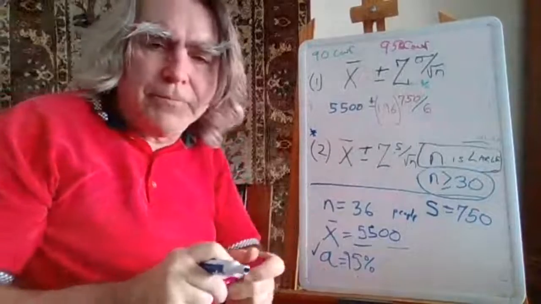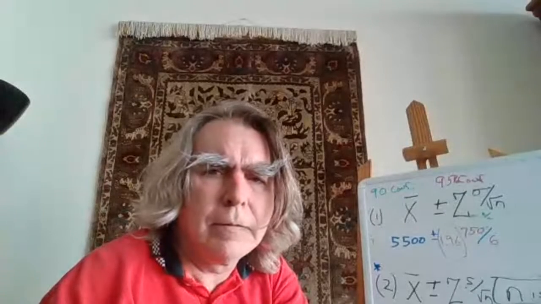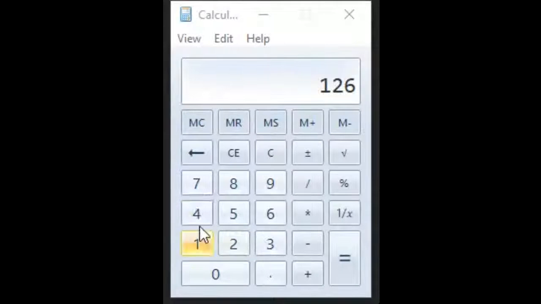What's 750 divided by 6? 750 divided by 6 equals 4,500 times 1.96. So it's 5500 plus or minus 8820.